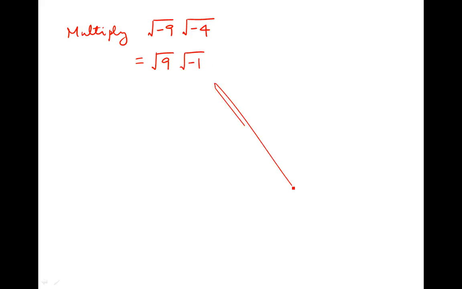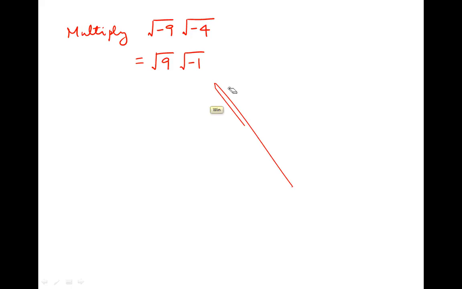I want to multiply the radical negative 9 times the radical negative 4. What should we do? Well, we have a negative inside the radical, so immediately we have to take care of this. So we will make this become the radical 9 times the radical negative 1.